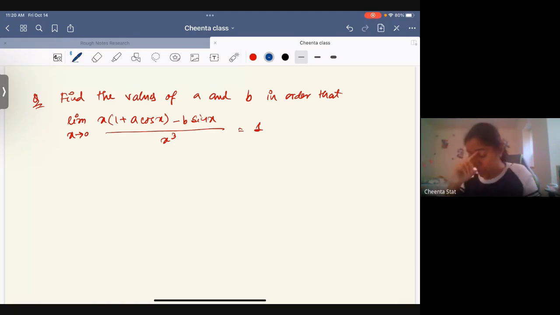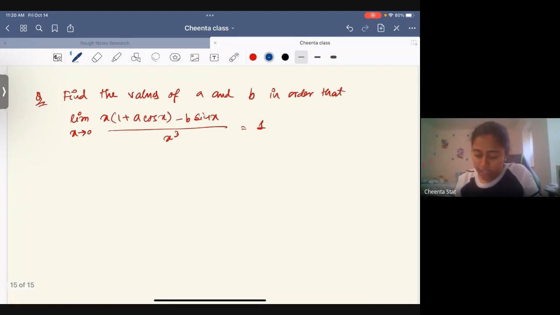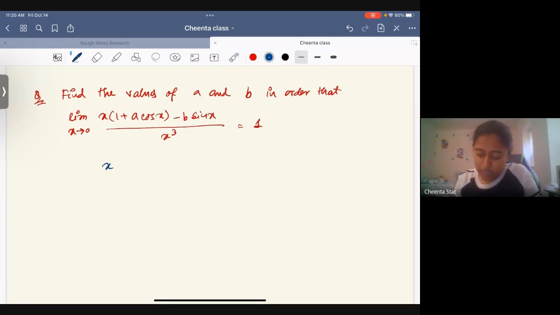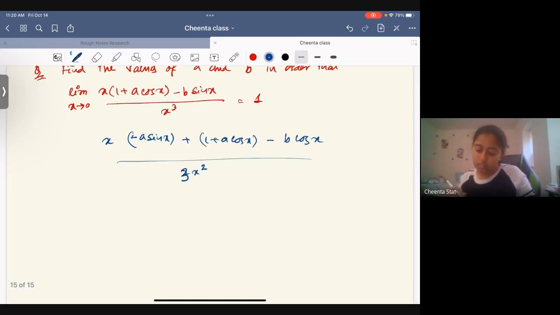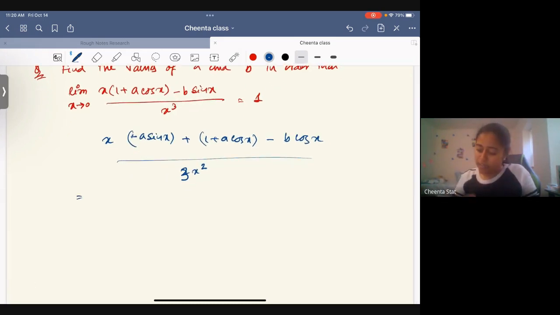And even if you apply L'Hospital, let me apply it and show you what is happening. Applying L'Hospital, taking x constant, differentiating gives minus a sin x, plus 1, plus a cos x minus b sin x will be cos x, by 3x squared. Then again I am differentiating, checking again.